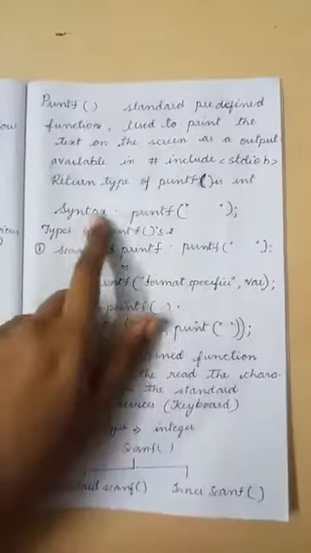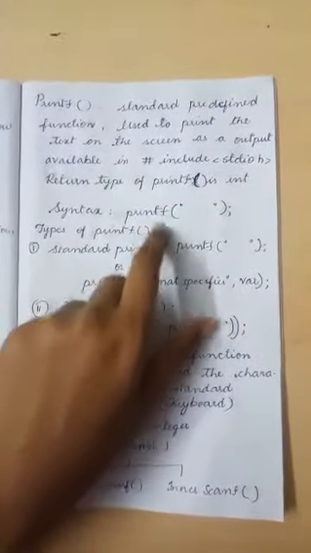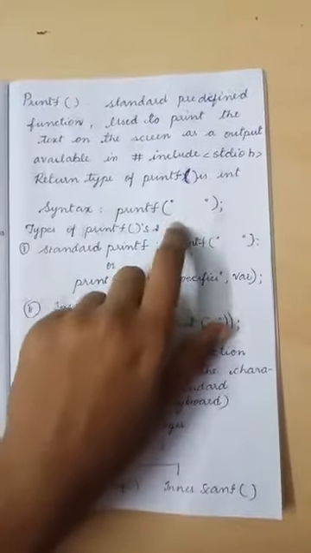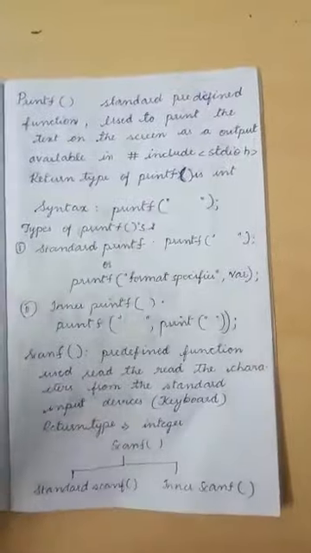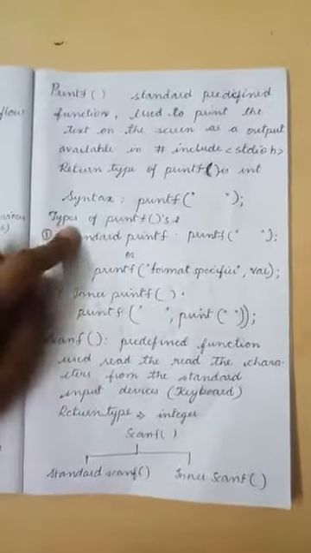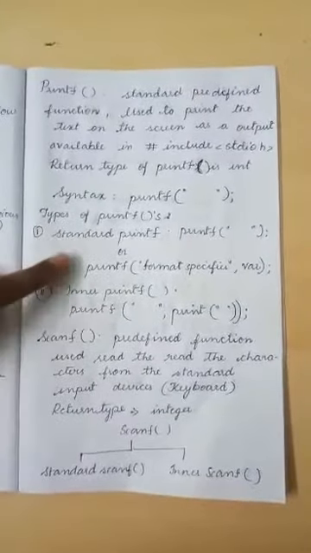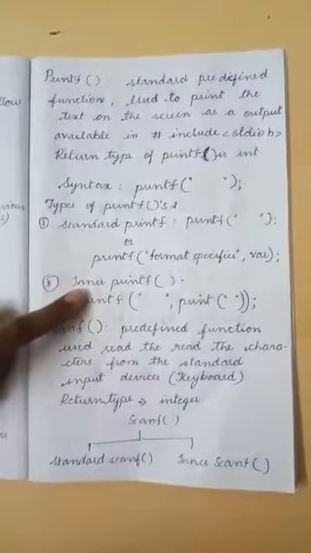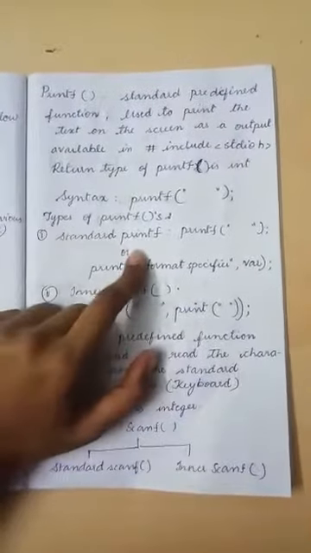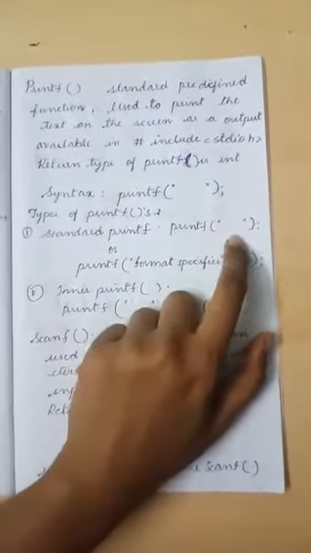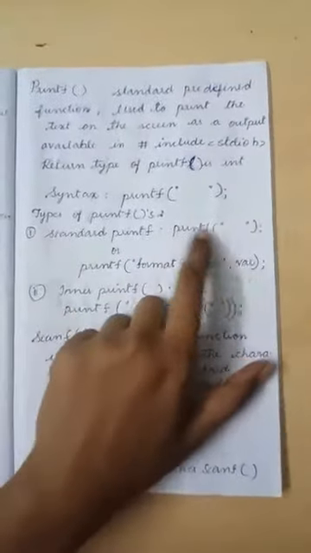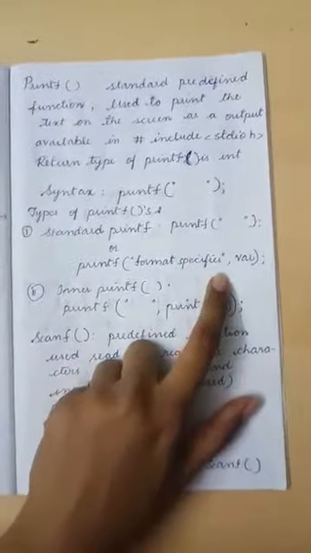Let us see the syntax: printf, open brace, within the double quotes we write the text, and the semicolon is a must for every statement in C language. We have two types of printf: standard printf and inner printf. Standard printf, generally we define using this format, either this one or this one.